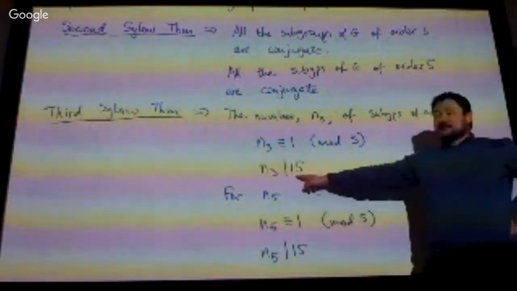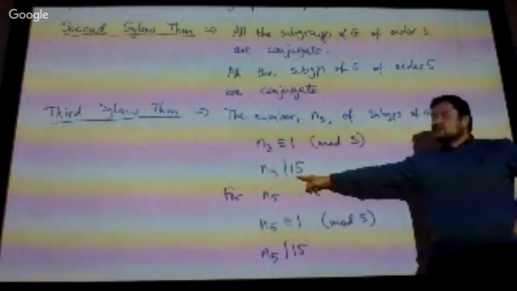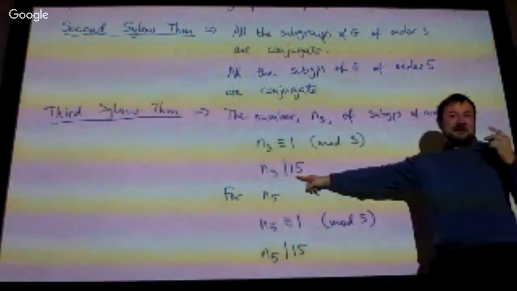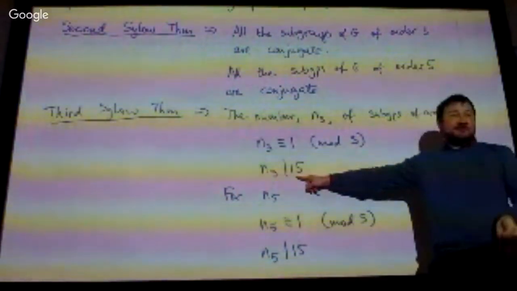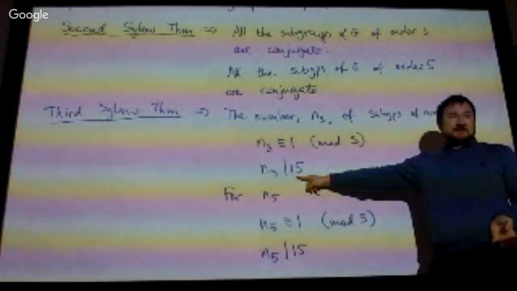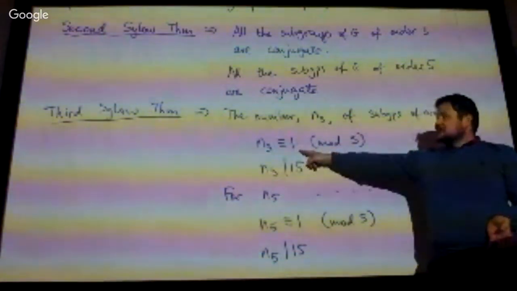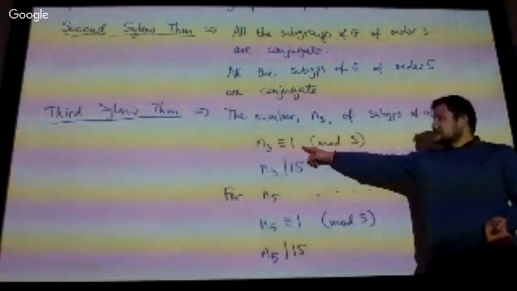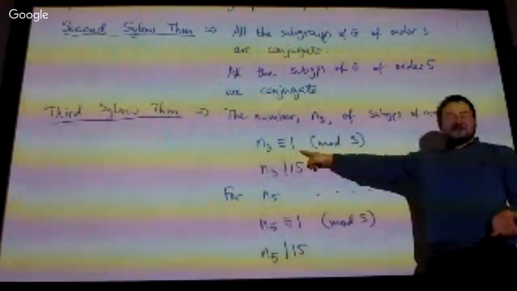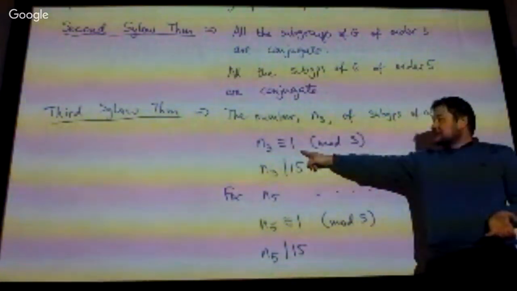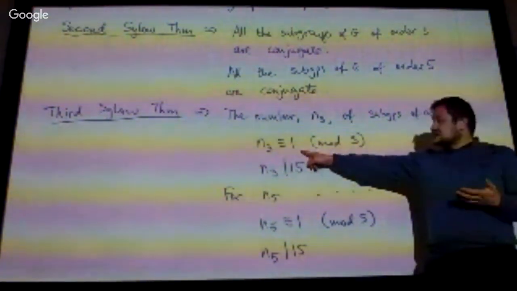Because of this, n3 would be 1, 3, 5, or 15. Well, 15 is 0 modulo 3, 5 is 2, 3 is 0, so the only option is 1.